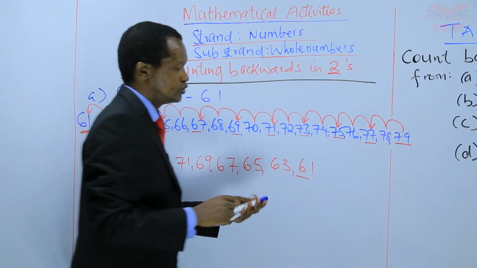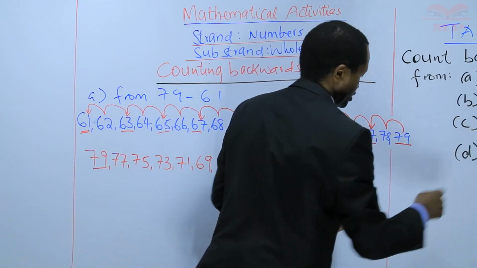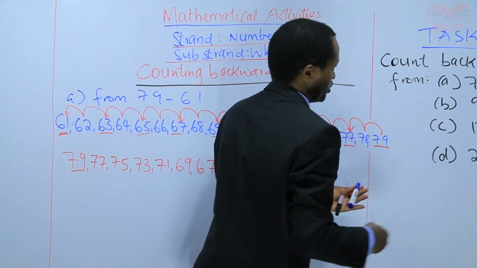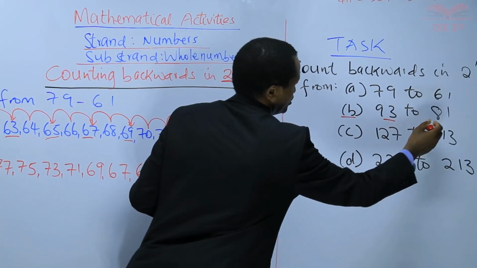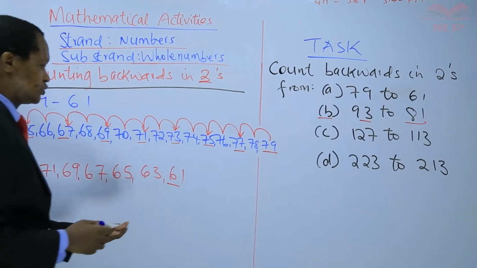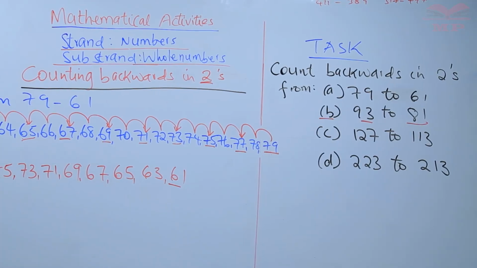Let's move on to B. You want to count backwards in twos from 93 to 81. So I'm going to rub here.